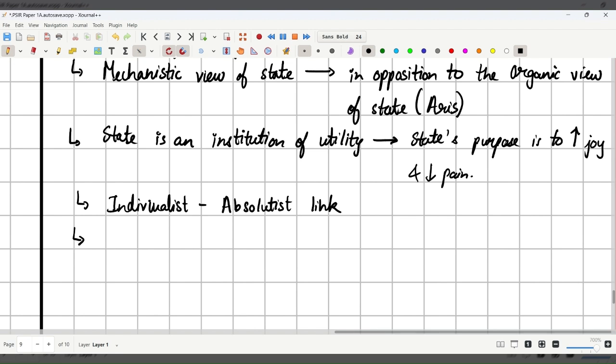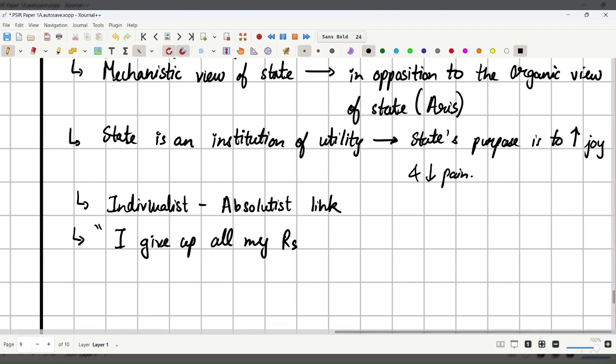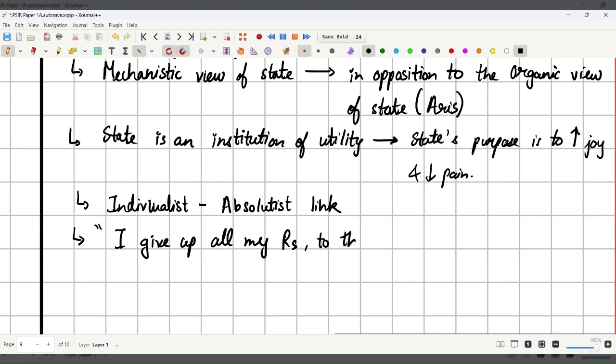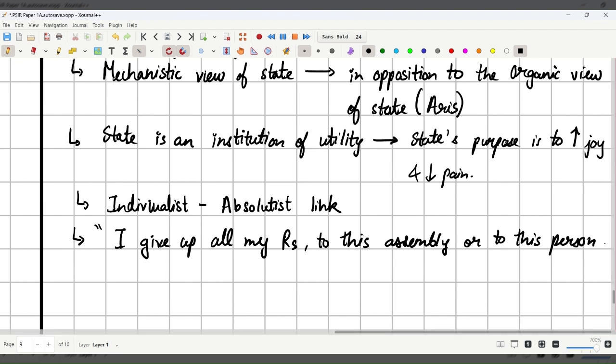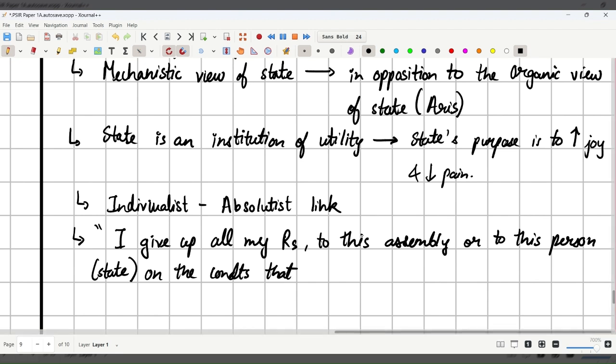Then you can also write this quote: I give up all my rights to this assembly or to this person, that is the state basically, on the condition that all will give up their rights.